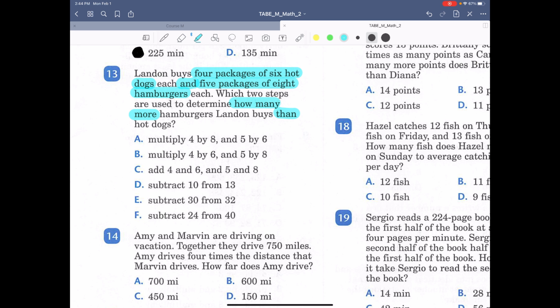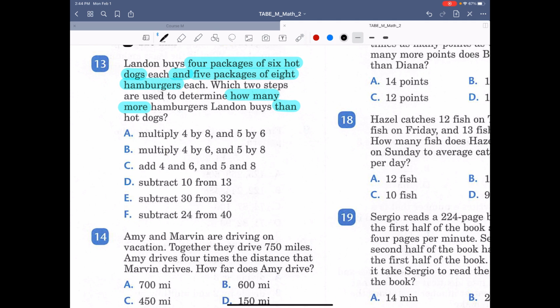I'm subtracting. But let's see what this comes out to be. They want us to say more burgers than hot dogs. And they say that he buys 5 packages of 8 burgers minus 4 packages of 6 hot dogs.